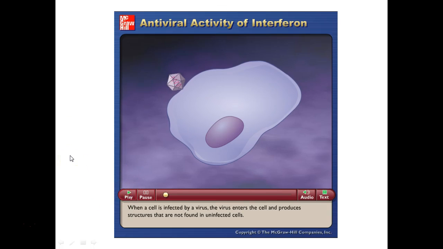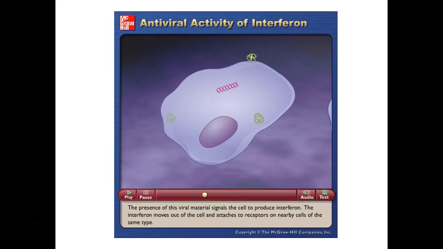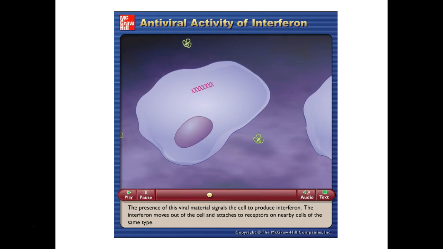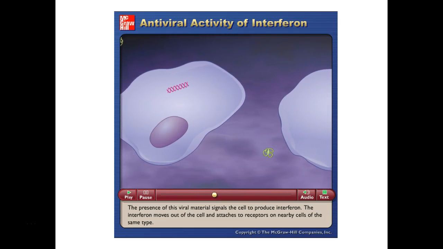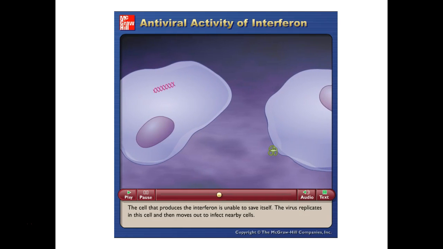When a cell is infected by a virus, the virus enters the cell and produces structures that are not found in uninfected cells. The presence of this viral material signals the cell to produce interferon. The interferon moves out of the cell and attaches to receptors on nearby cells of the same type. The cell that produces the interferon is unable to save itself.